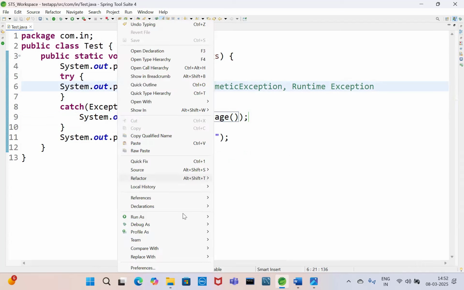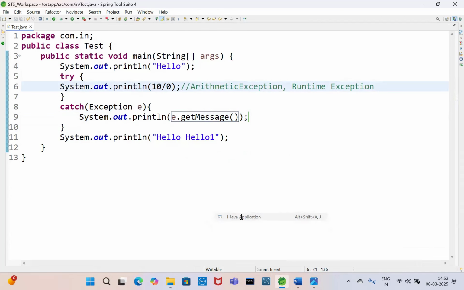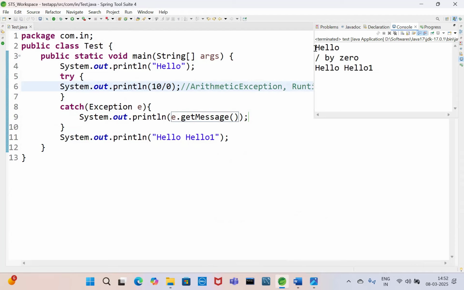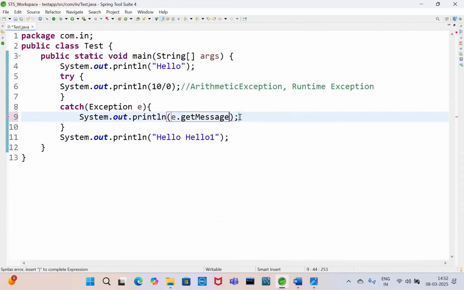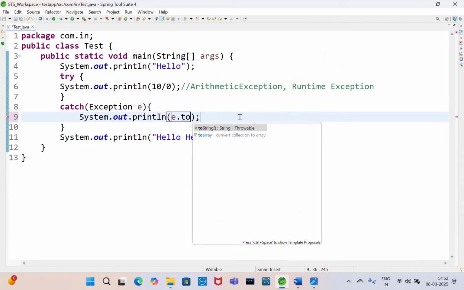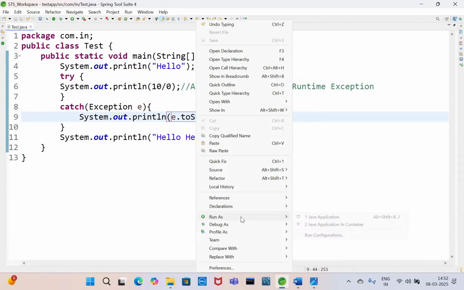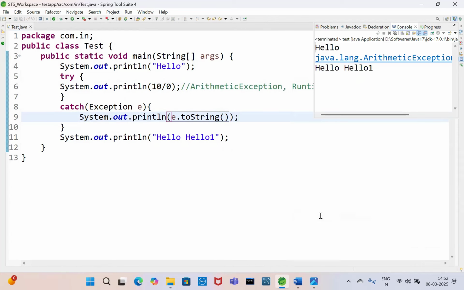Let's run the Java application. See, the fourth line is printed. The fifth line got the error like arithmetic exception. If you need some more information, you can print toString. getMessage gives what kind of exception. See, it is giving arithmetic exception divided by 0.